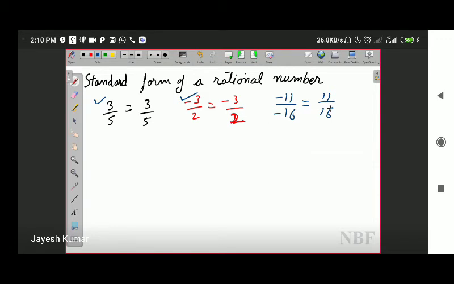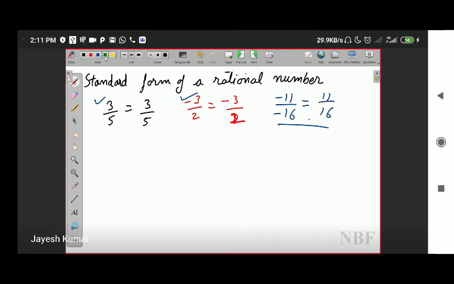But in the third example, the denominator sign is negative. Whenever the denominator sign is negative, you get two cases. First, like I discussed, both numerator and denominator are negative. In that case, you cut down both the signs and the answer has both numerator and denominator positive.